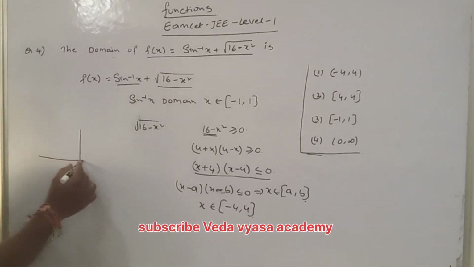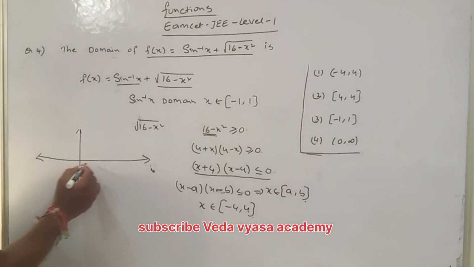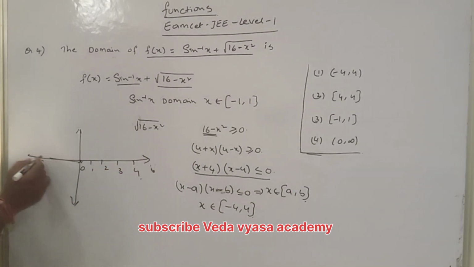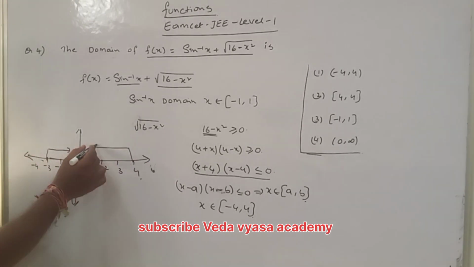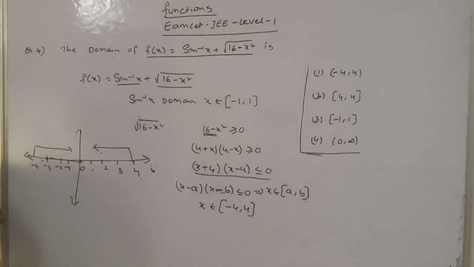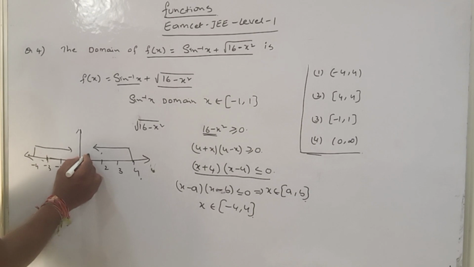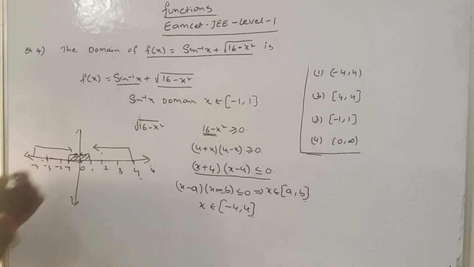You observe here the number line: 0, 1, 2, 3, 4 and minus 1, minus 2, minus 3, minus 4. Here x belongs to between minus 4 and 4, and here x belongs to between minus 1 and 1. So this is the intersection of these two.